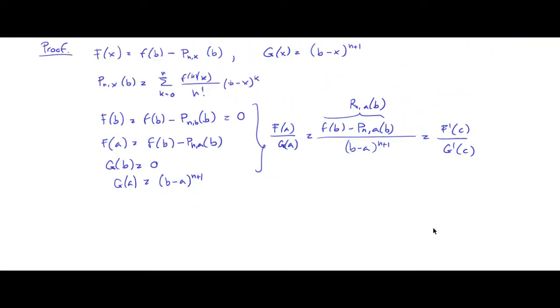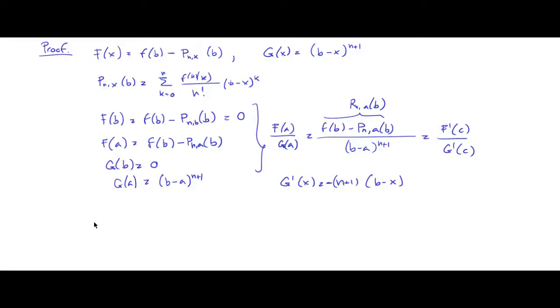So G prime, this is the easy one. G prime is obviously n plus 1 times (b minus x) to the n times minus 1, because there's a minus sign here. And now we have to evaluate the derivative of F. This f at b is constant, and we just need to evaluate the derivative of this.